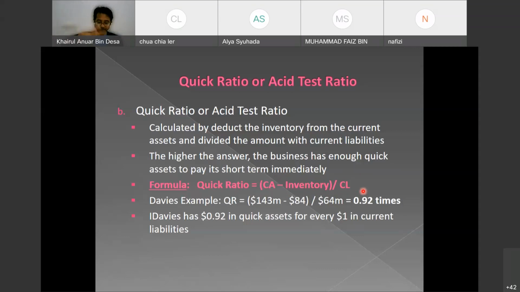Here from the liquidity ratio analysis, we can see the problem of this company. Now we take note this company problem in selling activities, in marketing activities, in the inventory management department.